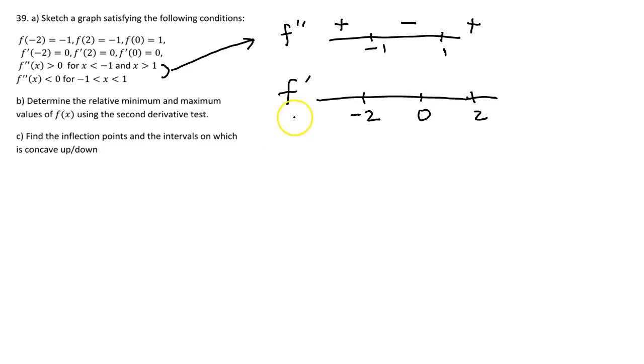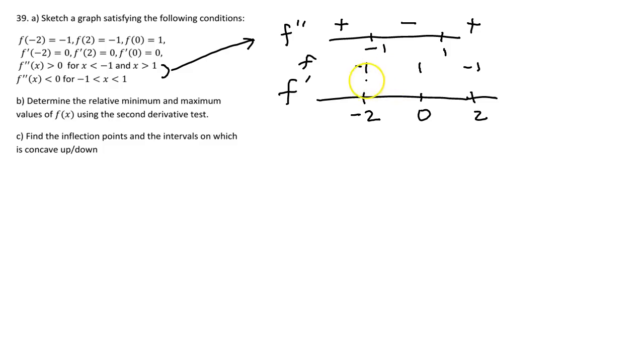Okay, now although it's hard to see whether f prime is positive or negative, the value of f gives you some clue. So at negative 2, the value of f is negative 1, and at 0, the value of f is 1, and at 2, the value of f is negative 1 again.